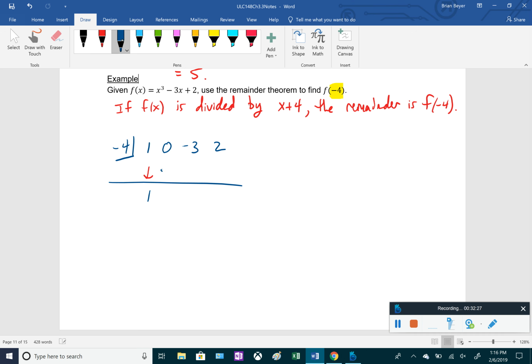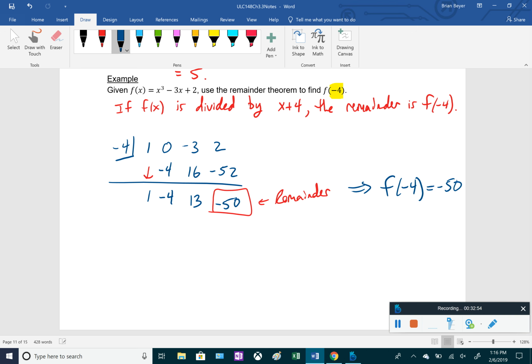So bring down the 1, multiply, add, multiply, add, multiply, add. So this right here is our remainder. So this tells us our answer is f of -4 equals -50.